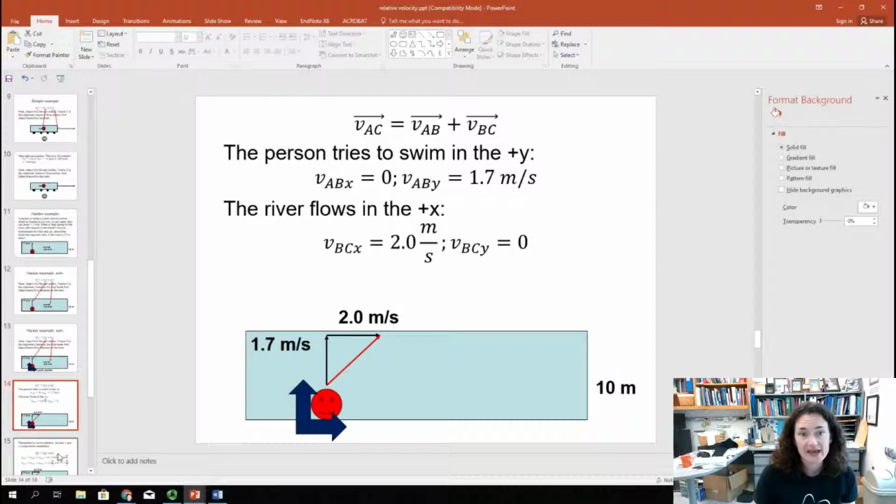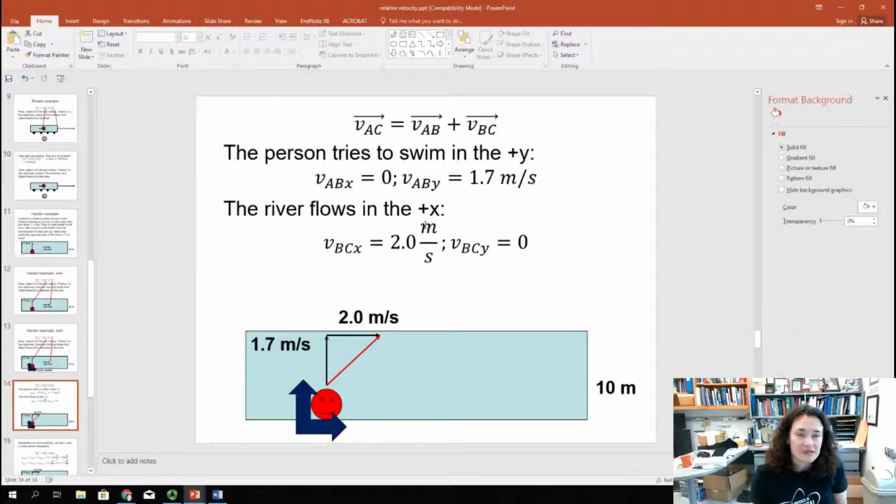So, in this case, VABX is equal to 0, because they're not moving in the x direction on purpose, right? They're trying to swim straight across. And VABY, well, that's the total speed that they can give it, 1.7 meters per second. So their velocity is going to be 1.7 meters per second in the plus y direction.